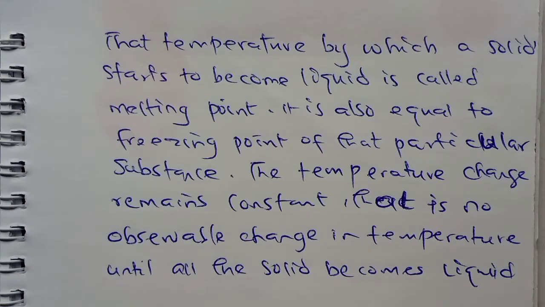The temperature remains constant. That means if the temperature was 100 degrees Celsius, it remains 100 degrees Celsius for a long time until all the solid becomes liquid. Then the temperature can move away from 100 degrees Celsius to any other temperature. This is called the latent heat of fusion for the melting point.